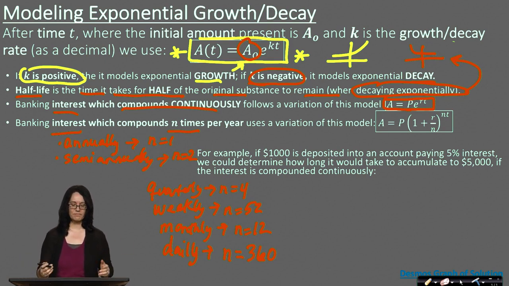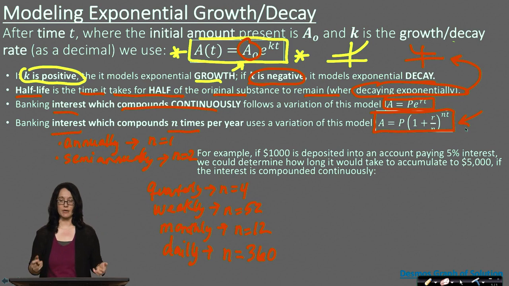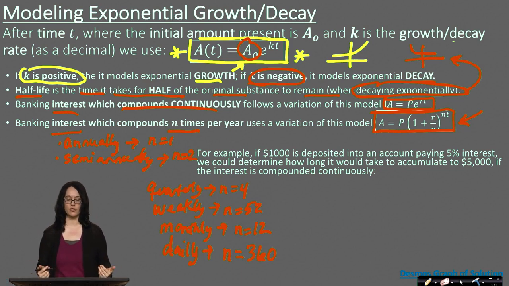Okay. So if we're talking about any of these words, my money is compounding interest annually, semi-annually, daily, weekly. As soon as you see that adverb, right, that word after compounded, any one of those words, you know you're talking about this more complicated formula, where instead of base e in Pert that we use for continuous interest growth, we now have a base of 1 plus r over n, where 1 accounts for your initial principal, r accounts for your interest rate, n is accounting for how often they're going to recalculate it.